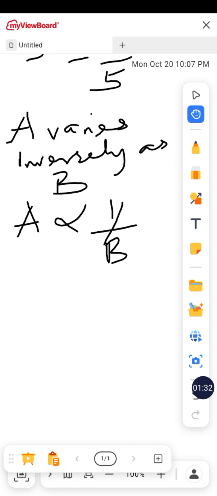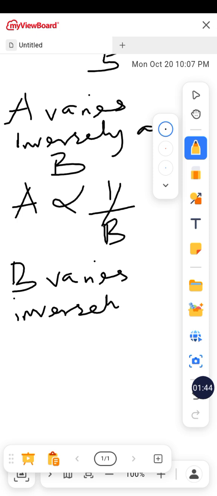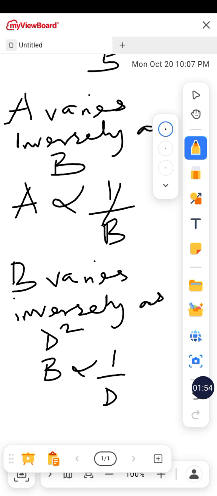We can also have other relationships. We can have B varies inversely as D square. So that one will be written as B varies, the inverse of D square is 1 over D square.